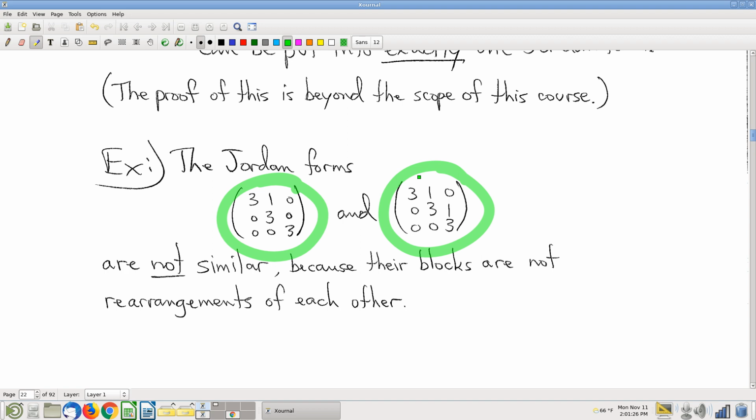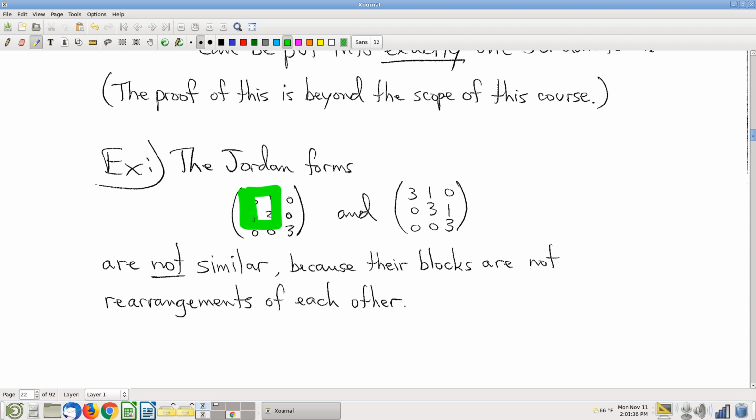Is it possible that we're both right, or must someone have messed up? The answer is someone must have messed up, because let's break down what these Jordan forms are. Here is a basic Jordan block, and here is the other basic Jordan block in that form, whereas there's just one great big basic Jordan block over there.